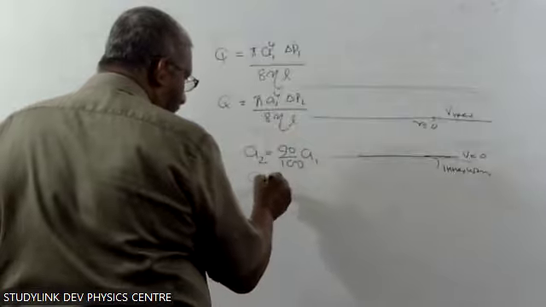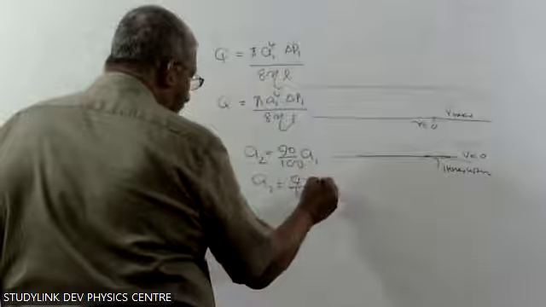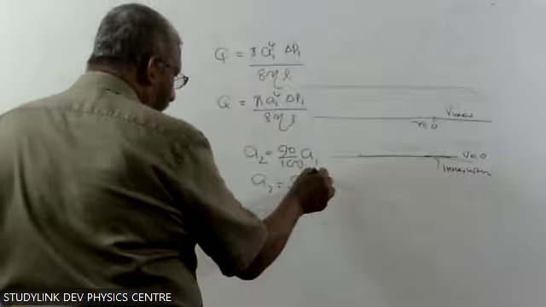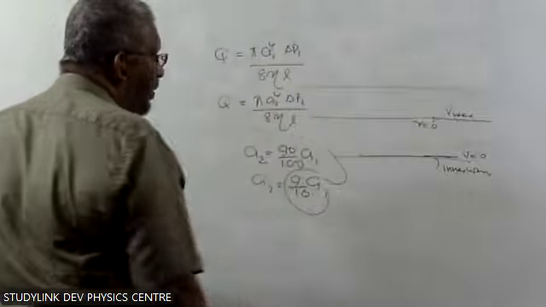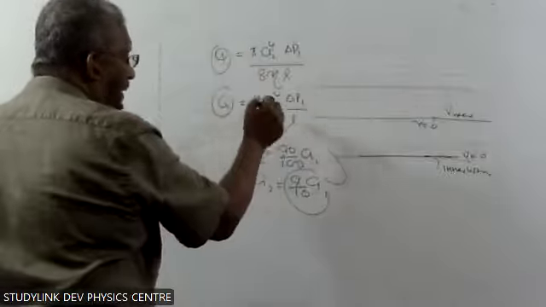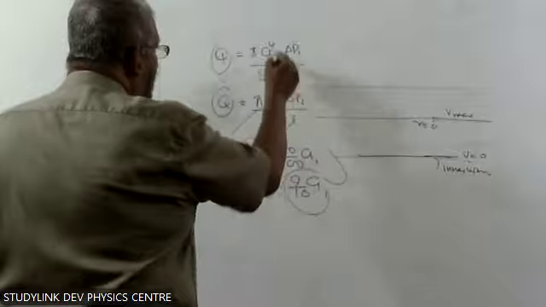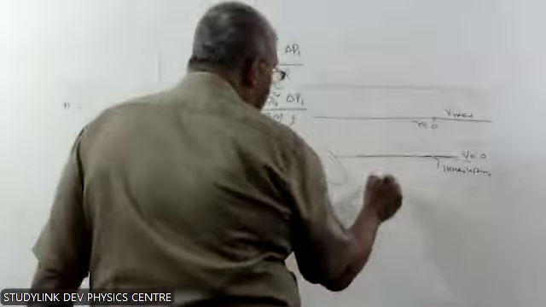Then A2 is equal to 9 divided by 10 A1. So then you can substitute it here. You can equate these two because Q is the same rate. After that, substitute A2 in terms of A1 and divide. No, not divide, equate this. If you want, I'll do it.